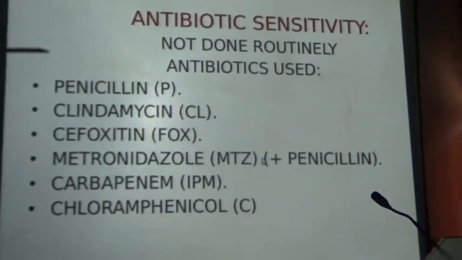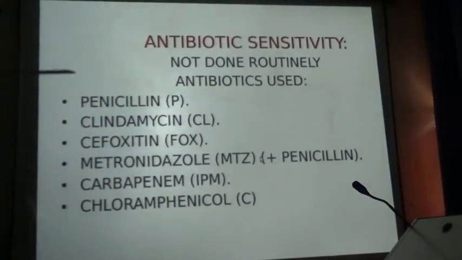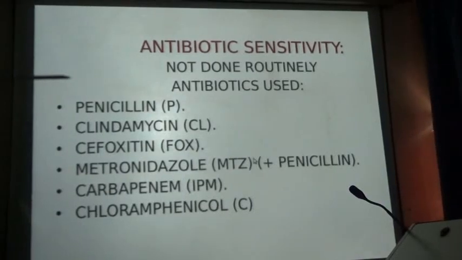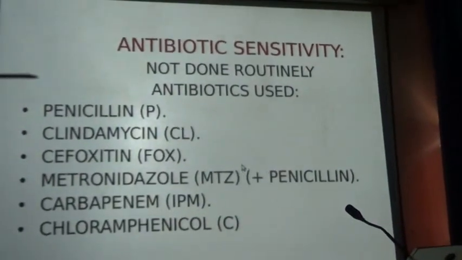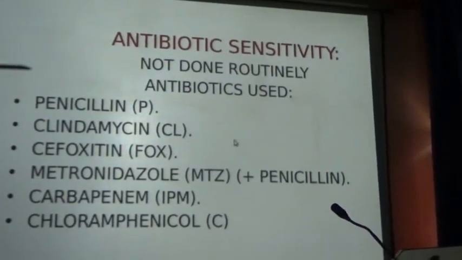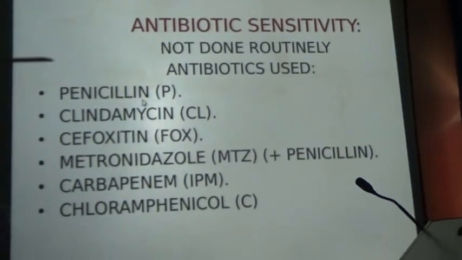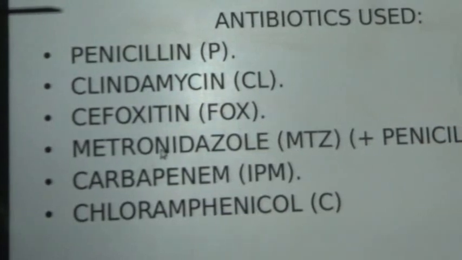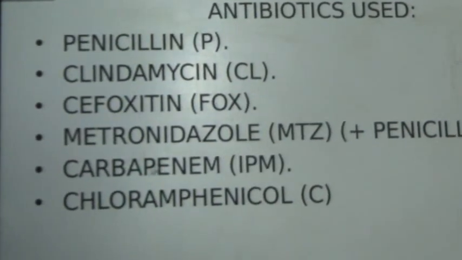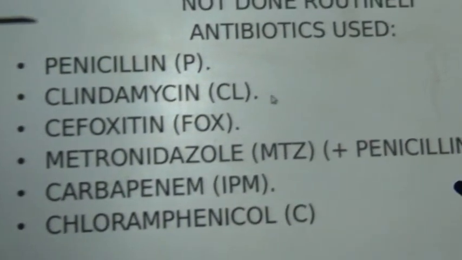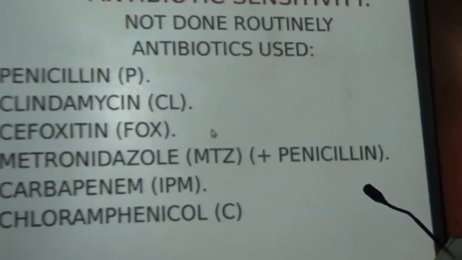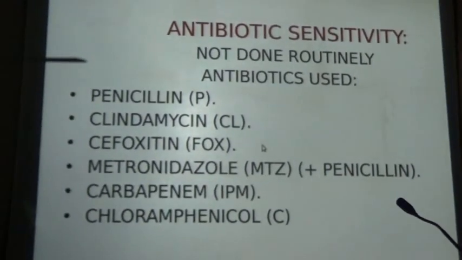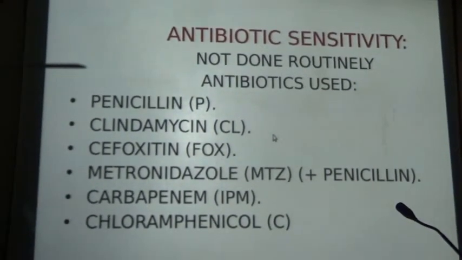But in case of anaerobic bacteria, it is not customary to do the antibiotic sensitivity testing. But when it is done, it is mainly against penicillin, clindamycin, cefotaxime, metronidazole, carbapenem and chloramphenicol. These are the six drugs mainly used for the antibiotic sensitivity testing.